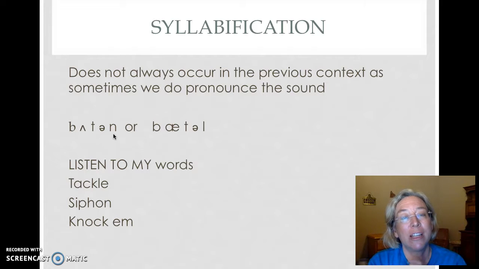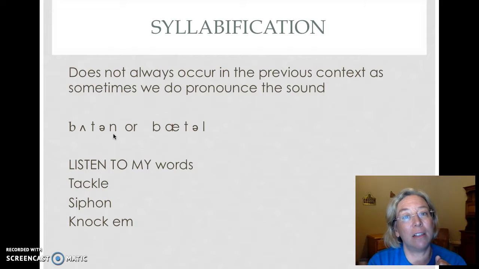The first word is tackle. I tried to produce that with no vowel, so I tried to do a syllabification, tackle. If I were producing the vowel between the two sounds, I might say tackle.